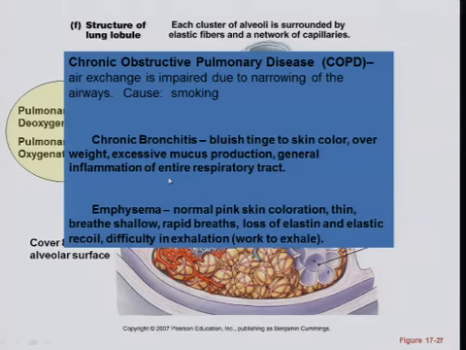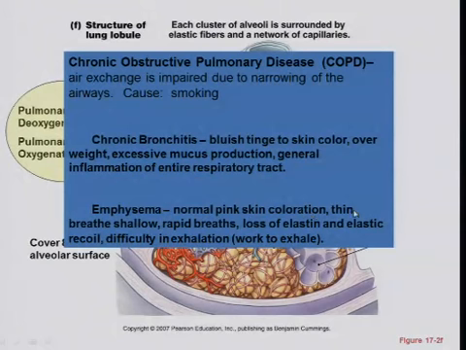And also, an example of COPD is emphysema. Emphysema is a very complex disease, and it affects a multitude of aspects of pulmonary physiology. But with respect to COPD, we typically have a normal pink skin coloration, so they are getting enough oxygenation.